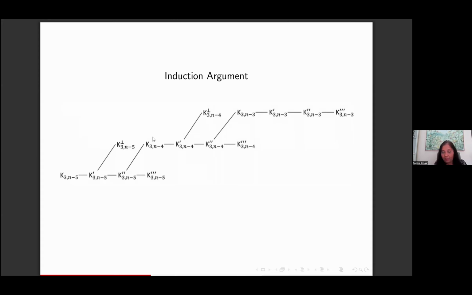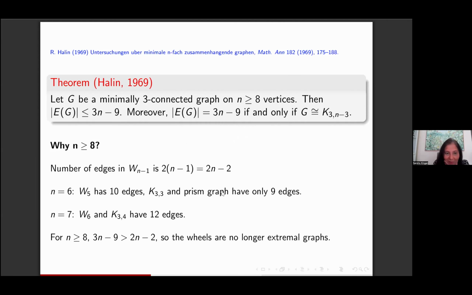There's about a half a page explanation of this, which is basically saying the induction argument. It comes down to a proof by picture. And as a bonus, there's this nice little result that I was able to extend by Harlan.